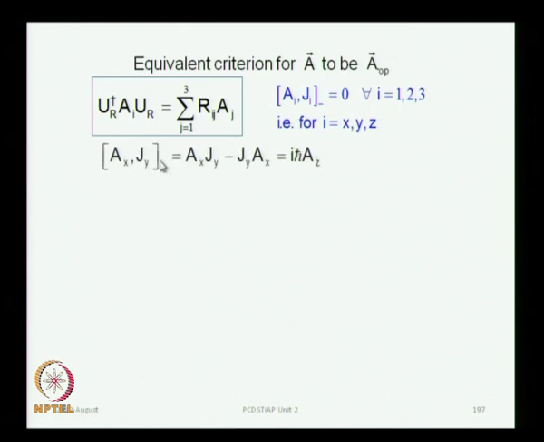If you take different components, Ax with Jy, then this is AxJy minus JyAx, and this must be i times Az. This is very similar to the angular momentum commutation relation.